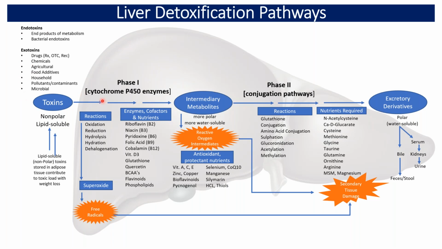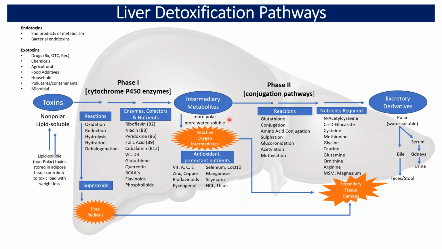And in our phase 1 detox, mostly through the cytochrome P450 family of enzymes, there's I think over 60 of those, we go through several chemical reactions: the oxidation, reduction, hydrolysis, hydration, and dehalogenation, which again can create these superoxide free radicals, and if not converted through phase 2 like we discussed, they could create tissue damage.